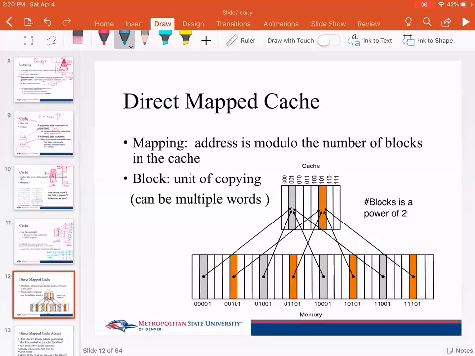And remember, for the main memory, the first block here will be mapped to the first block here in the cache. Is there an index for that? Of course. We call it the address.